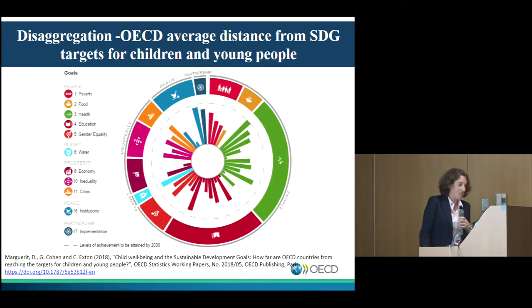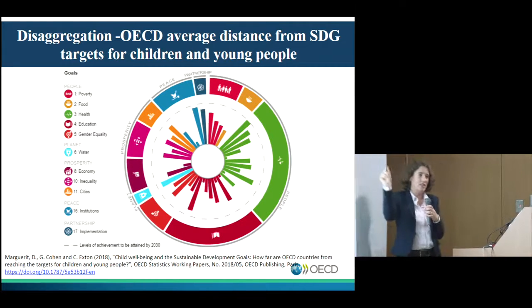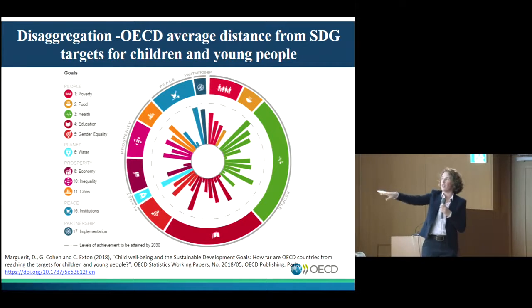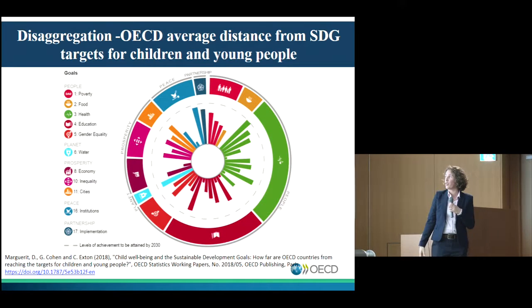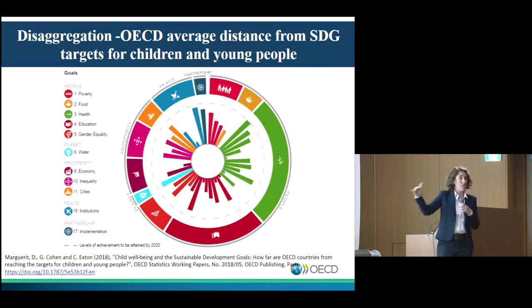This is just to give you a sense of what the disaggregation looks like. This is the same wheel, the same visualization, but for the data available for children and young people. This has already been published, and we're also working on doing the same kind of analysis for gender.